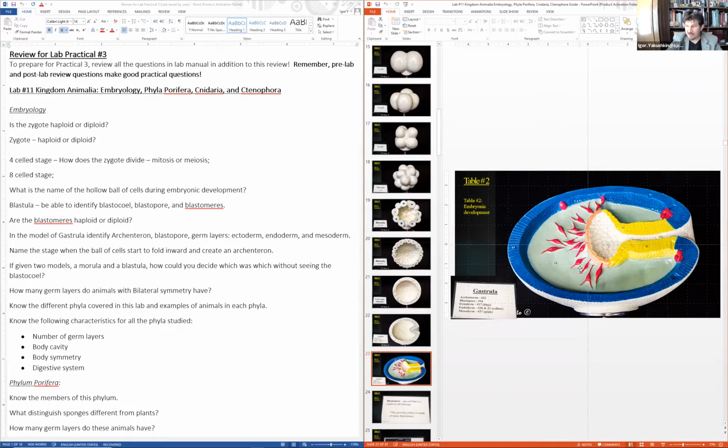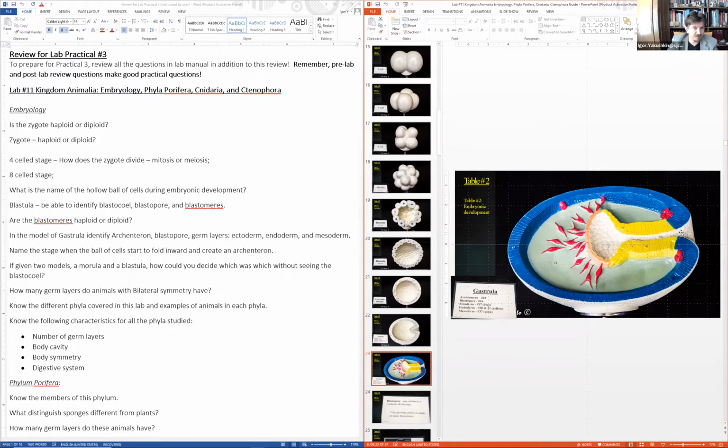And now we have the red and pink ones coming in, moving in between the inside and outside: mesoderm. Meso means in between, middle. All right, archenteron, basically the ancient gut, is all that particular structure. Blastopore is the opening. Germ layers, we got it.